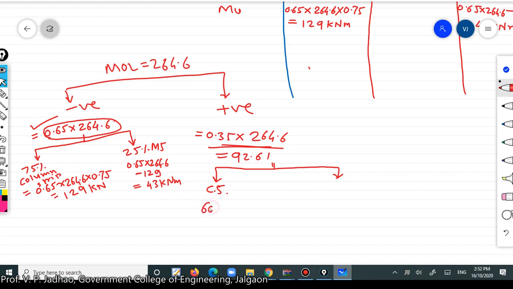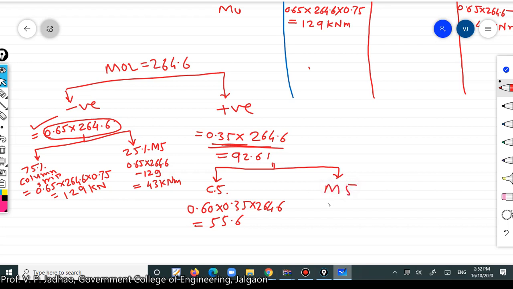So 0.6 multiplied by this value, that is 0.35 into 264.6, this comes out to be 55.6 kilonewton meter, and the remaining will be contributed to the middle strip.